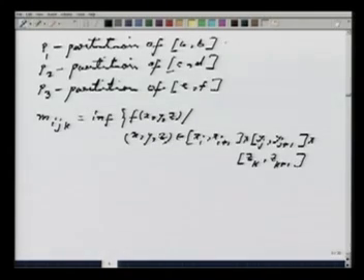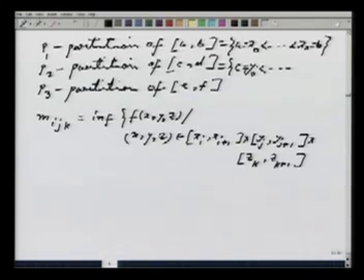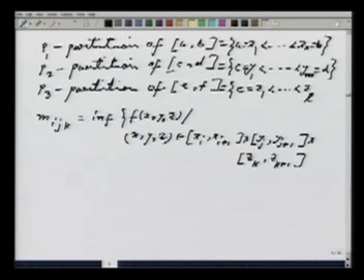So these partitions, let us assume that they are given by x1, x2, up to xn, let us say this is given by y1 up to ym, and let us say this is e equal to z1 up to zl.